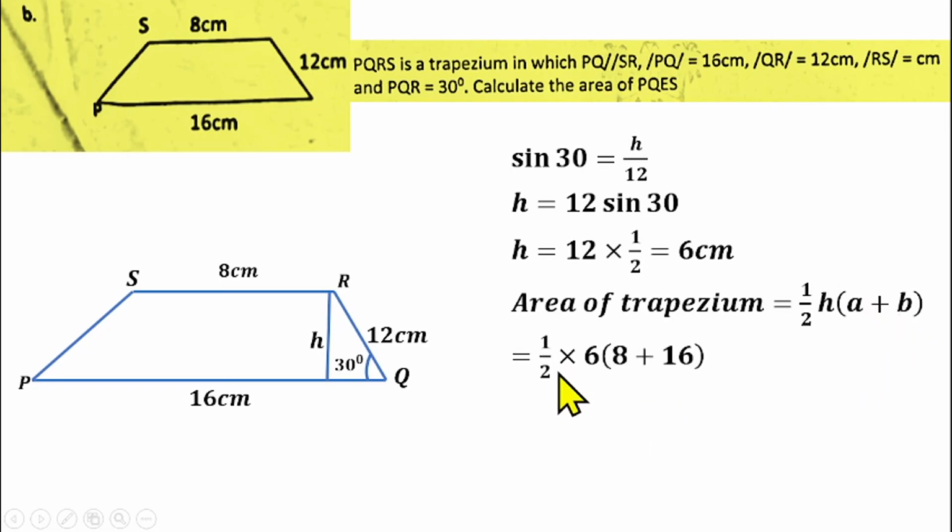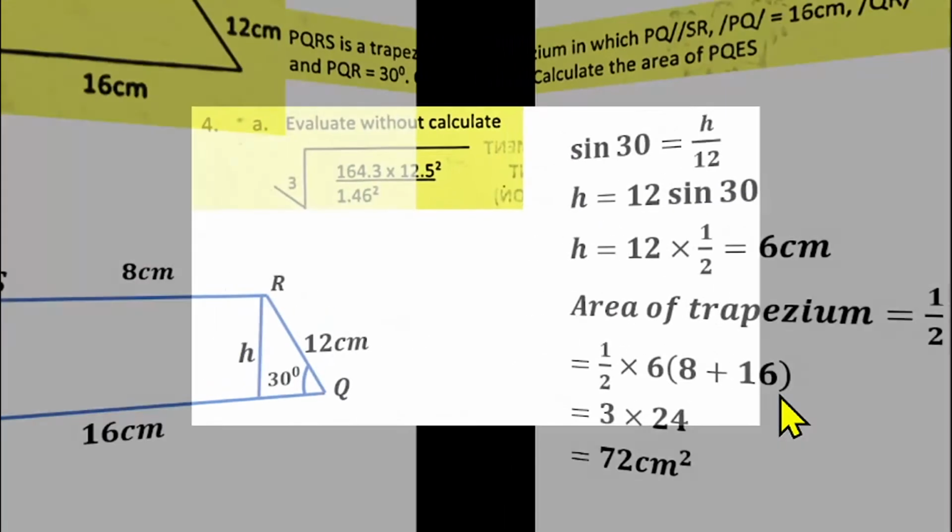So we have 1 over 2 times 6 into bracket 8 plus 16. 2 and 6 give us 3, 8 plus 16 gives us 24, then 3 times 24 gives us 72 centimeters squared as the area of the trapezium.